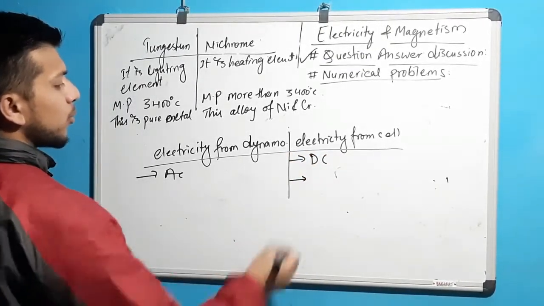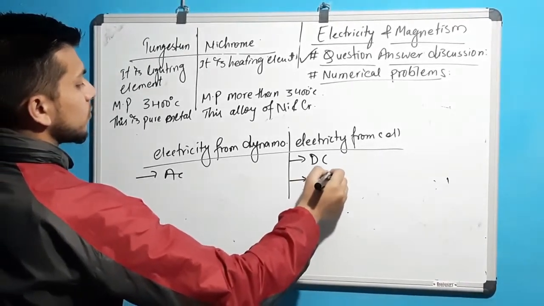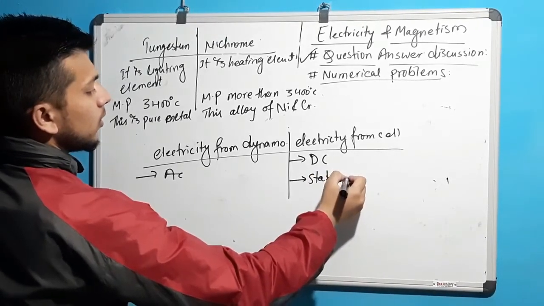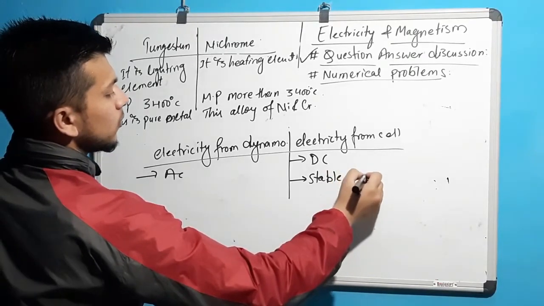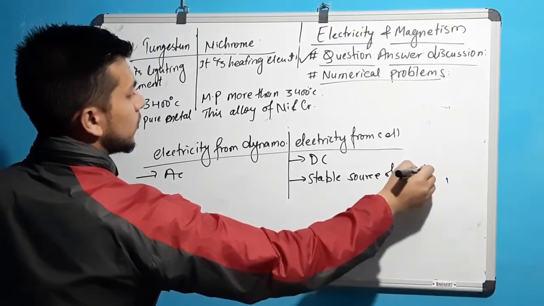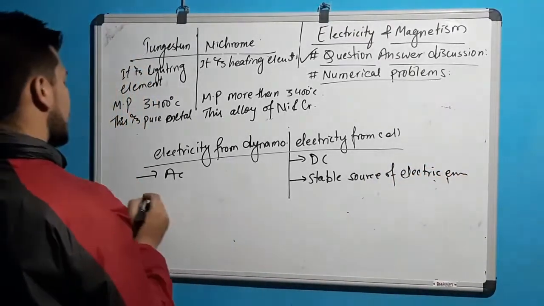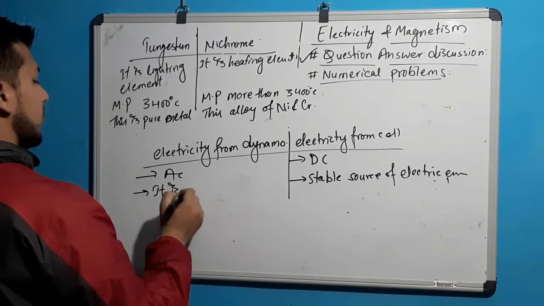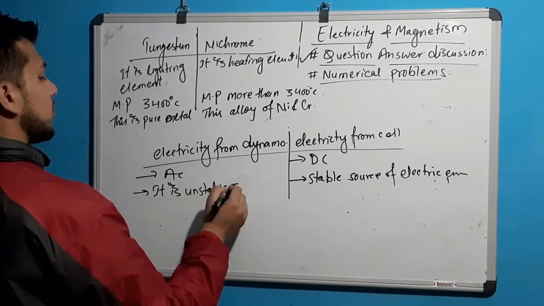Cell is a stable source of electric energy. Dynamo is an unstable source.